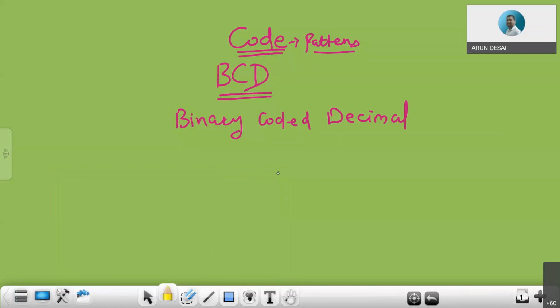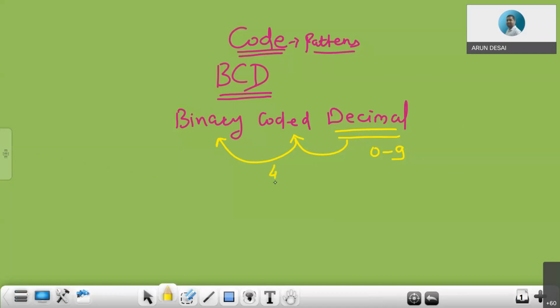Now concentrate on my words. Decimal numbers are coded. How many decimal digits are there? 0 to 9. Those decimal numbers are coded in binary pattern in BCD code. How is it actually coded?